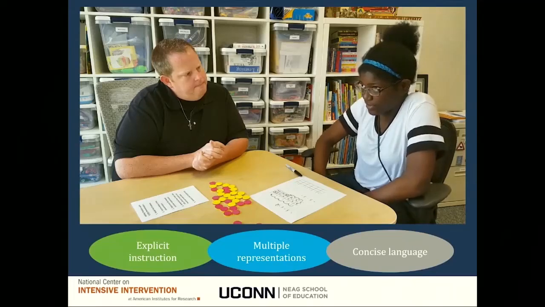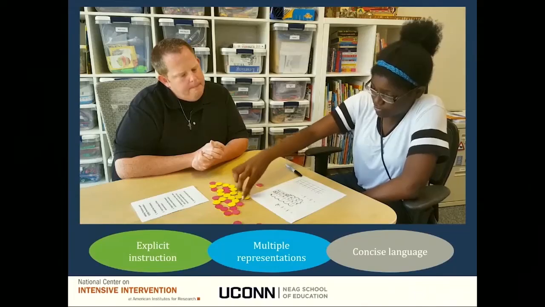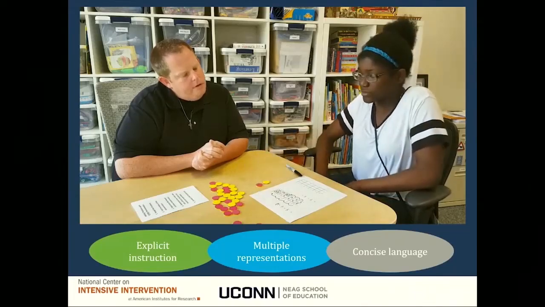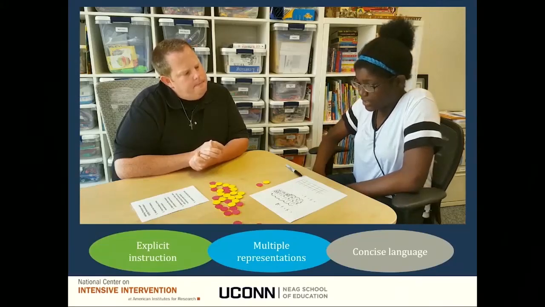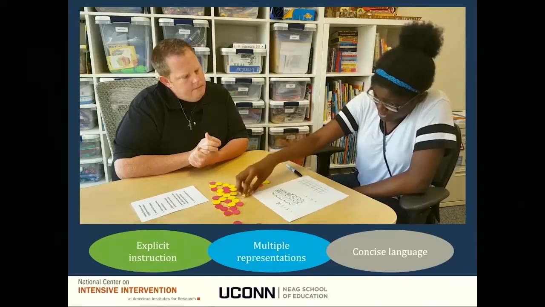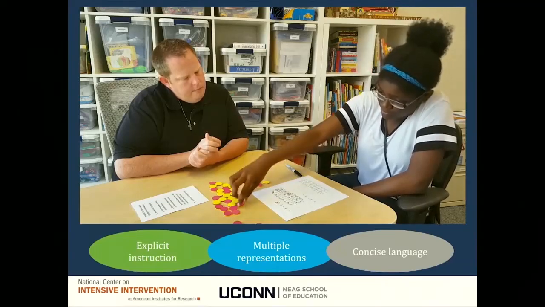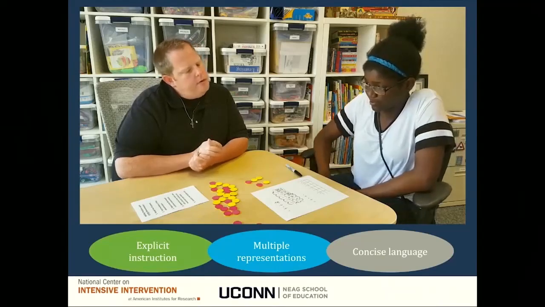Let me see it. Good. So how do you represent the next one? We take one red counter out of 3 to represent the 1 out of 3. Awesome, good job. So you've modeled the fractions.